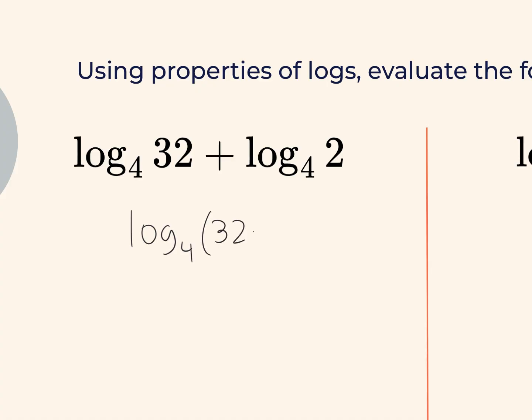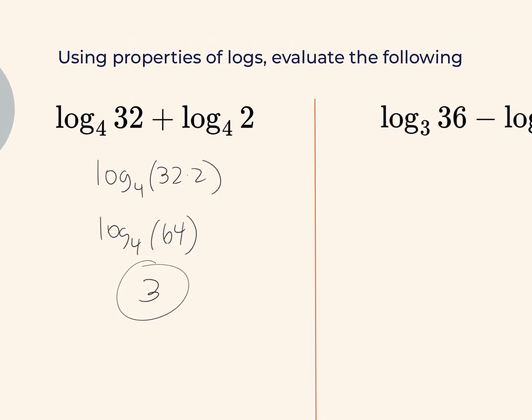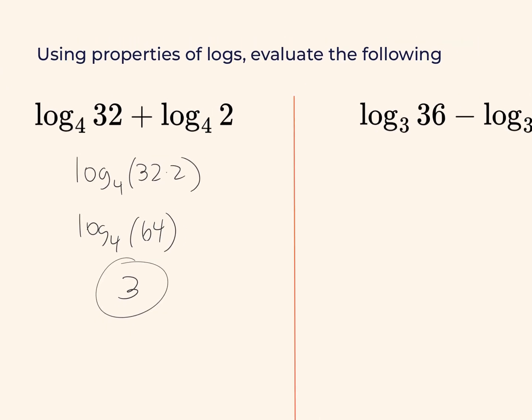So I've got log base 4 of 32 times 2. I'm going to simplify, so log base 4 of 64. And then from here, I can kind of confidently say that, hey, log base 4 of 64 is 3, because 4 to the what power gives you 64? It's 3. So by using this property, I'm able to kind of quickly evaluate these two logarithms.